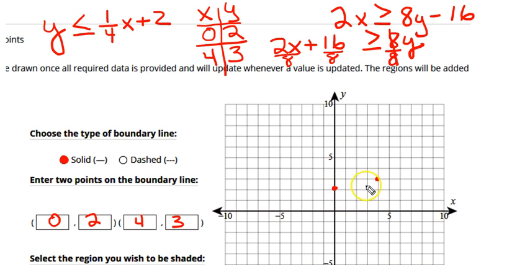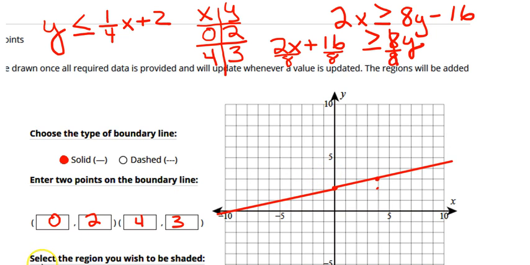So there's my run of 4, a mentally placed dot there, and then a rise of 1. But you have to put these in somehow. 1 there, and then 1 there. These points actually form, and then we get our solid line. Not making that too well, but it's approximately that.